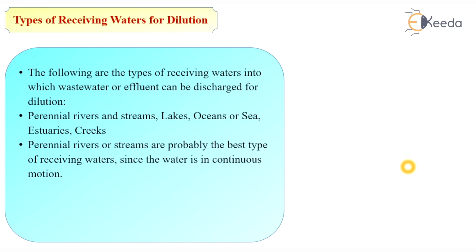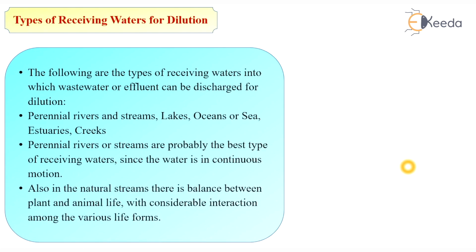Next, perennial rivers or streams are probably the best type of receiving water since the water is in continuous motion. Also, in a natural stream, there is a balance between plant and animal life, with considerable interaction among the various life forms. So depending on its capacity and presence of dissolved oxygen level, we select the water body or watercourse for the disposal of sewage.